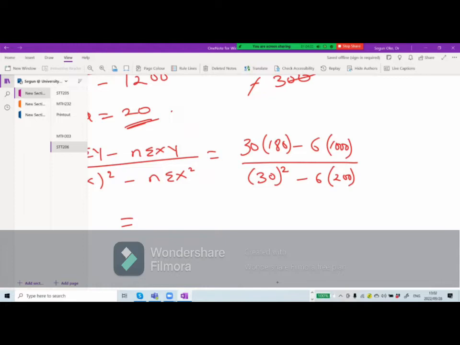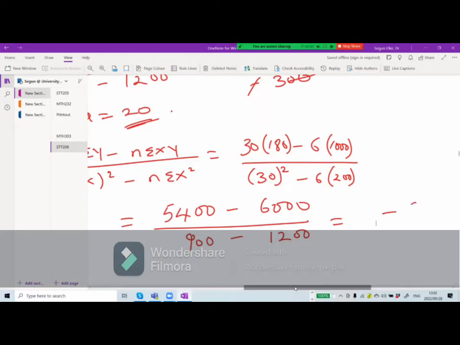30 multiplied by 180 is 5,400. Minus 6,000. 5,400 minus 6,000, divided by 900 minus 1,200. So what is the final answer there?